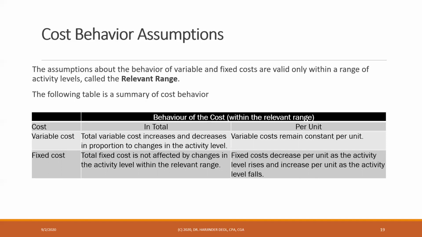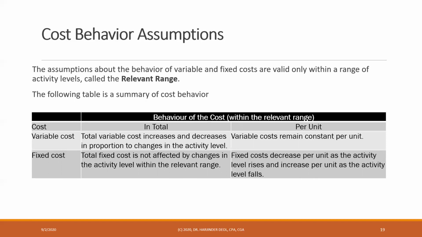Now, the moment my production volume, let's say, doubles, if I was able to produce 2,000 units, my factory rent doesn't change, it remains $10,000, but per unit, that cost will fall. $10,000 divided by 2,000 units gives you $5 per unit.